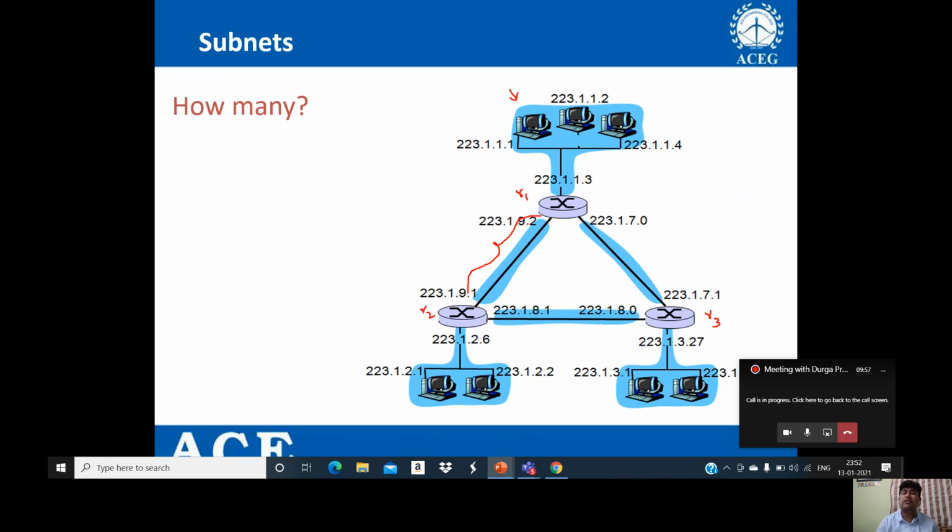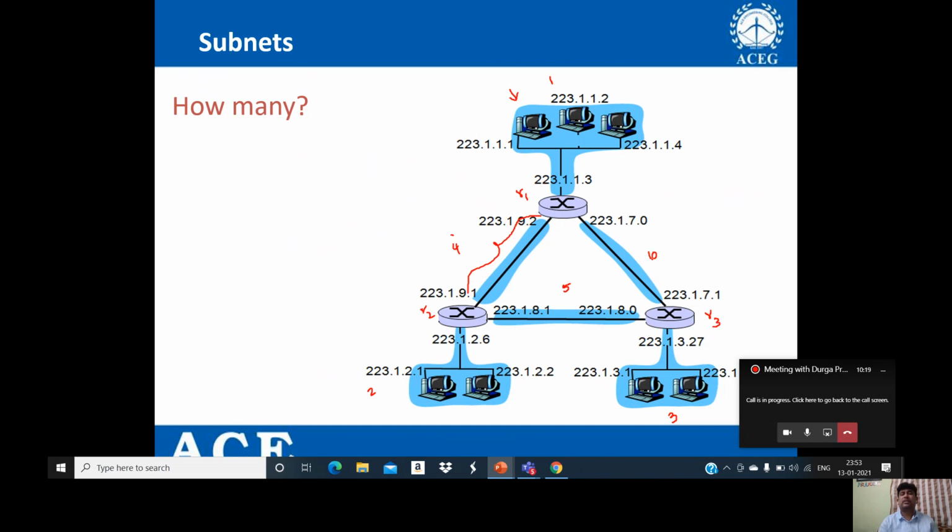So here R1 is connected to R2. This is one more subnet. Already we have subnets 1, 2 and 3. Along with this, we also create a subnet between R1 and R2 called subnet 4, R2 and R3 subnet 5, and R1 and R3 subnet 6.